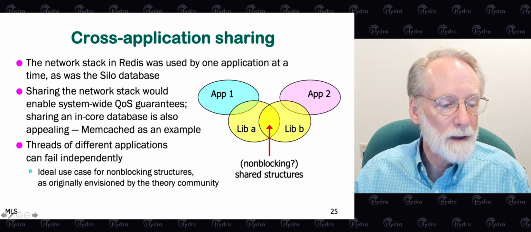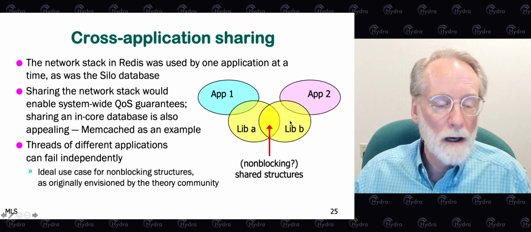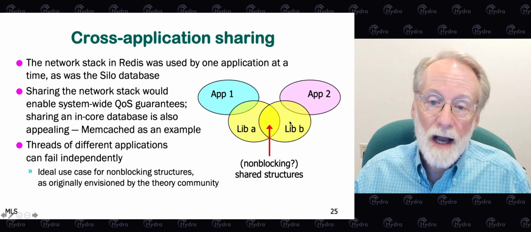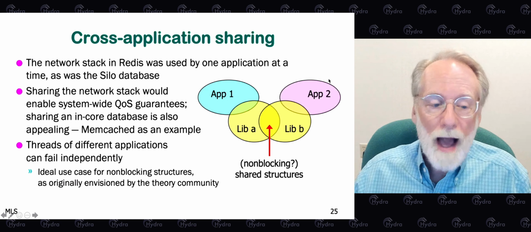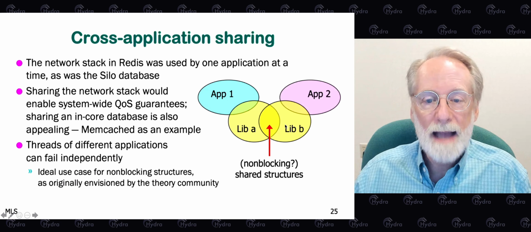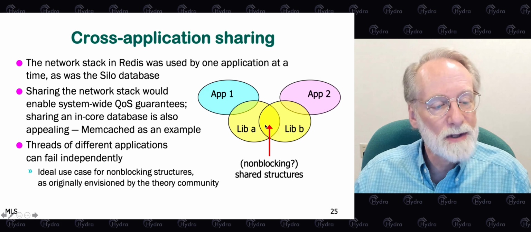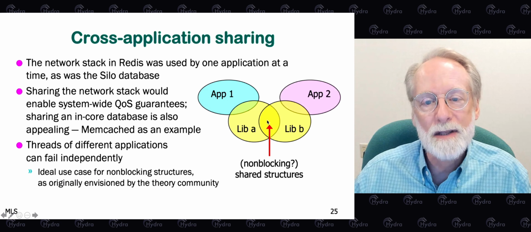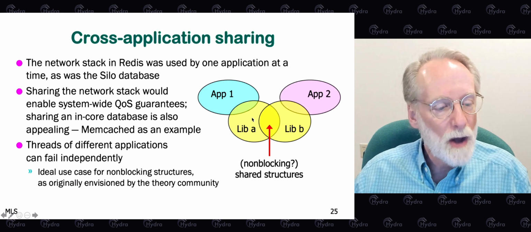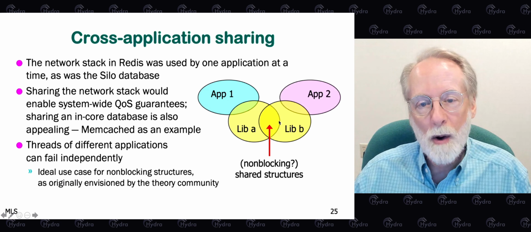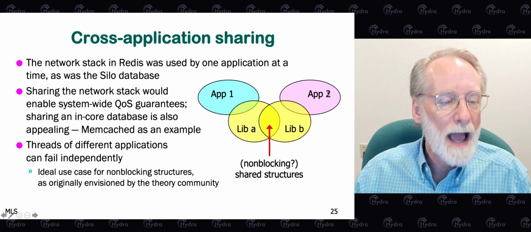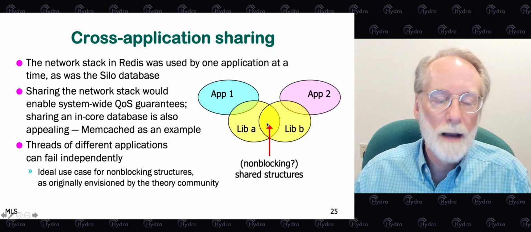It might be the I/O stack for FStack and DPDK for network access. It might be the Silo database. Both applications are linked with a library to access that resource, and the resource is in the intersection. It's accessible to both library instances, and we can actually know, if we trust the library code, that application 1 will not be able to damage application 2's access to the library.